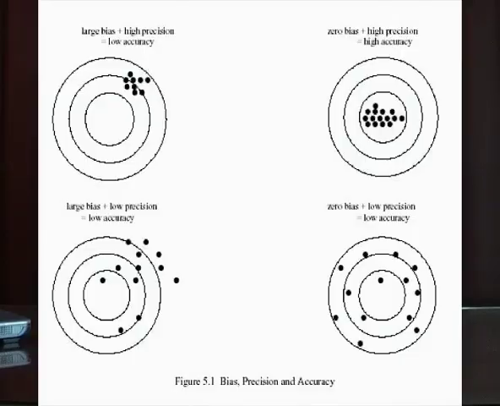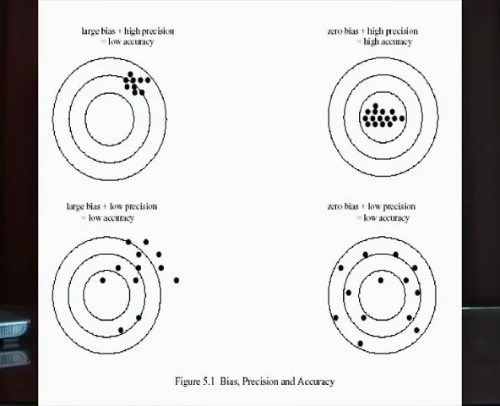The picture on the top left shows tremendous consistency that shows high precision, but it's totally off the mark, so it is inaccurate and therefore unacceptable. But on the top right, we have the cluster very close to each other and dead on target. This is a system which has got both accuracy as well as precision.